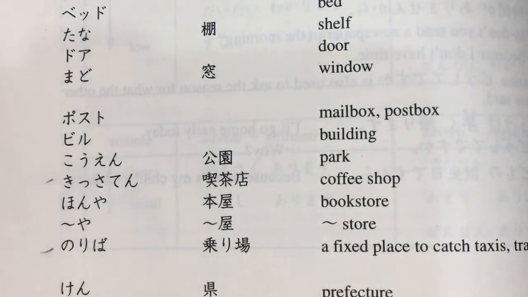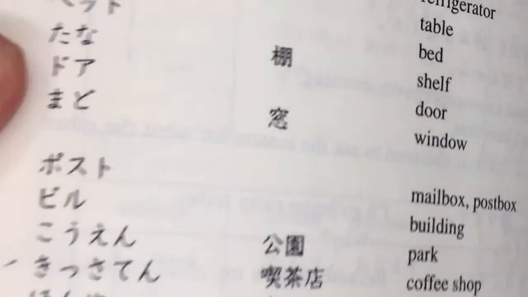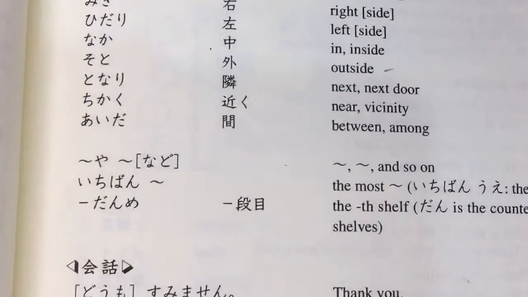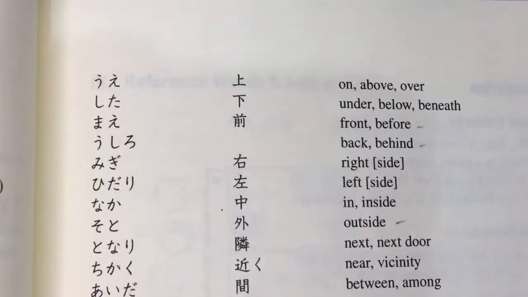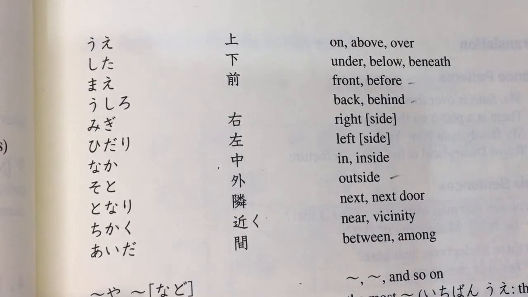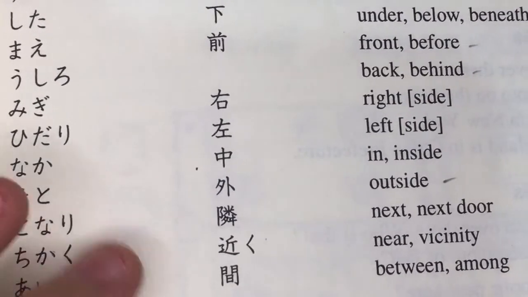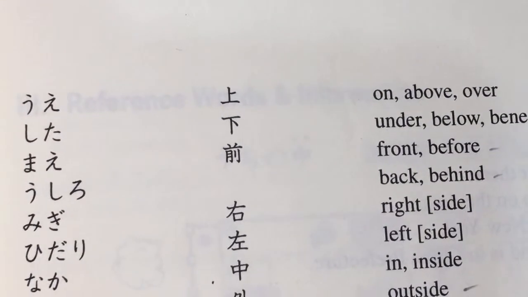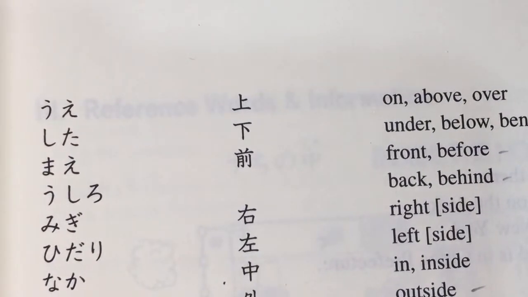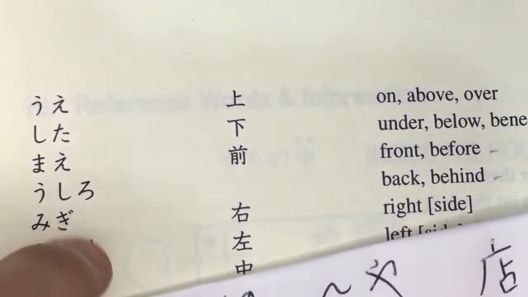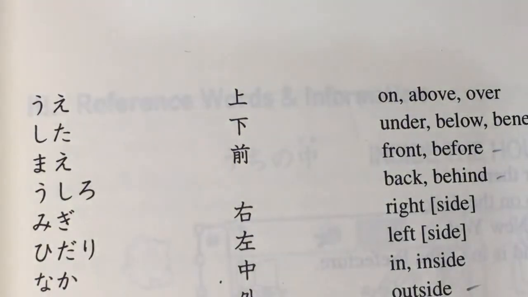For example, Tochigi Ken. Okay, next. Kentucky.